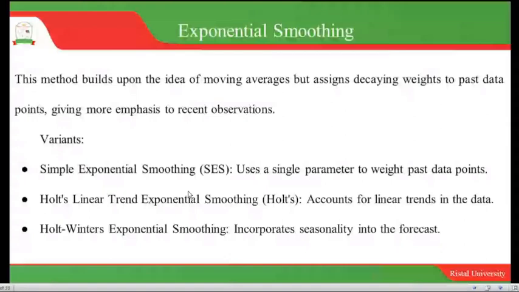Other variants come up when we talk about Holt's linear trend exponential smoothing, so we account for trends. And finally, when we talk about Holt-Winters exponential smoothing, we are going to incorporate seasonality into the forecast. So if we are looking at a particular season, for example, we had a season around COVID that was very tough, and let us assume COVID has arisen again.